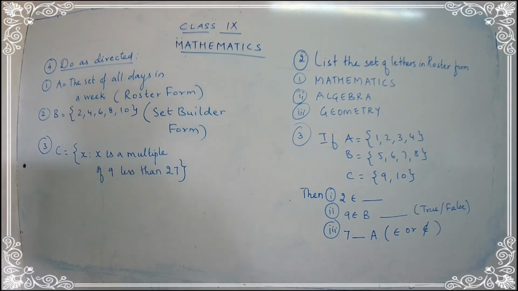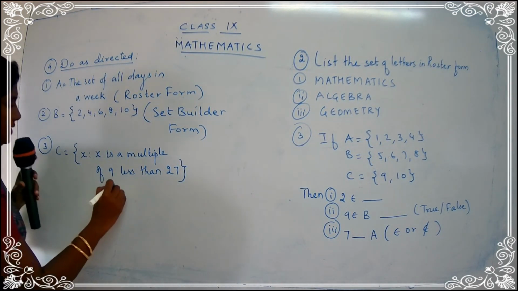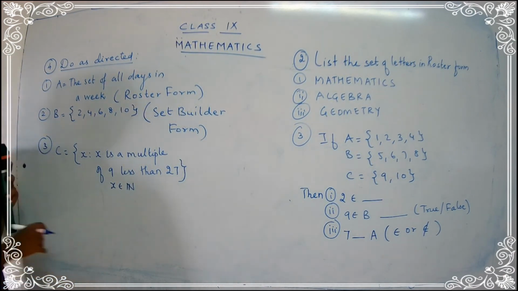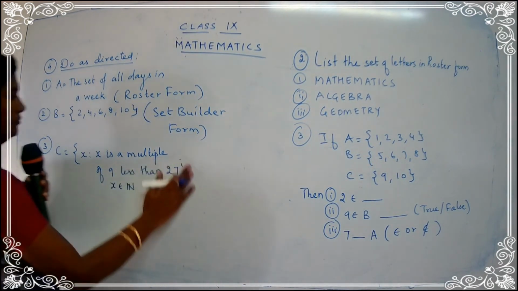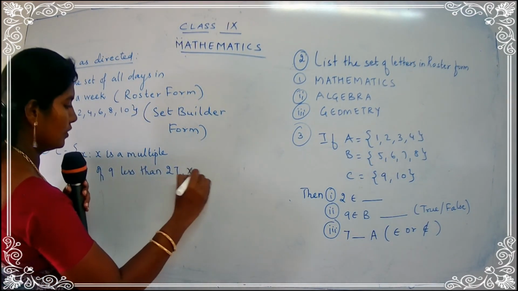C is equal to x such that x is a multiple of 9 less than 27, x belonging to N. Just write down here x belonging to N.